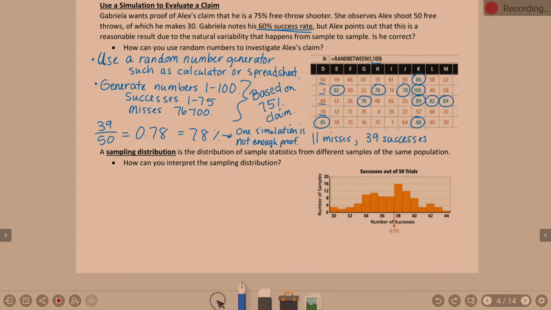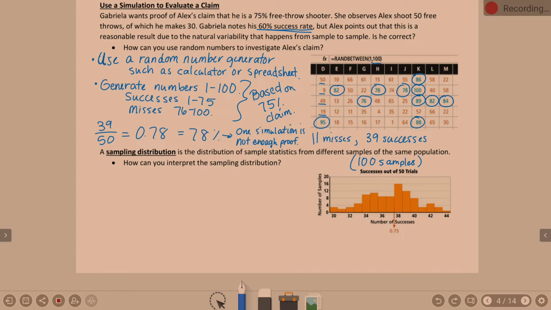And so what we were getting ready to look at here is, okay, what happens when we put multiple simulations together? Okay, so this is how many successes out of 50 trials. And I will say, if you count up the heights of all the bars, there are 100 total samples in this histogram here. So this is doing 100 simulations of 50 shots each.